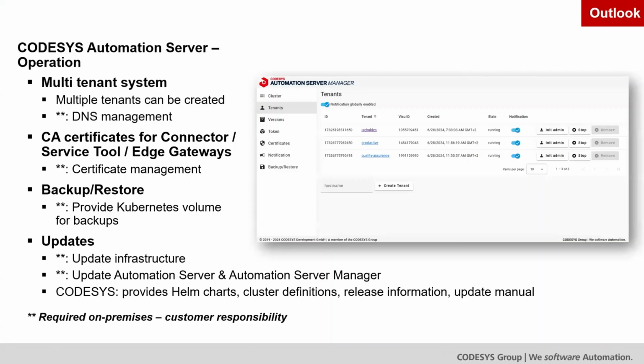Okay, but this is just a short outlook: this on-premises automation server is about to be released soon. It's scheduled for the end of the year. So in case you're interested, contact Chris or anybody from the team in the US. They can tell you more and connect you to our local team in Germany too.